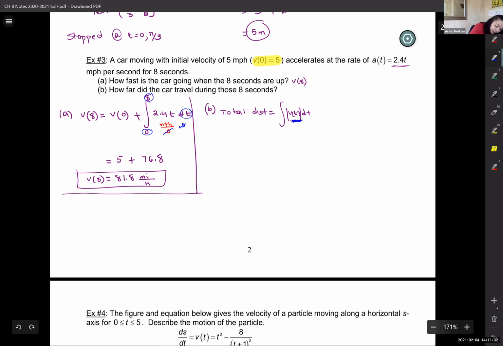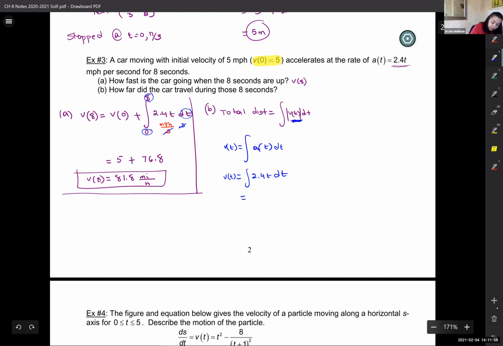So v of t is the integral of a of t dt. So v of t is equal to the integral of 2.4 t dt.